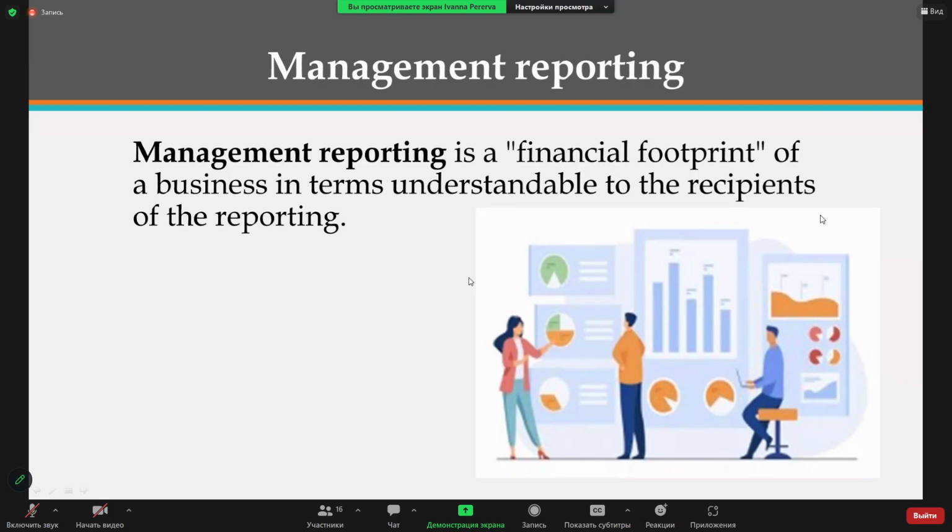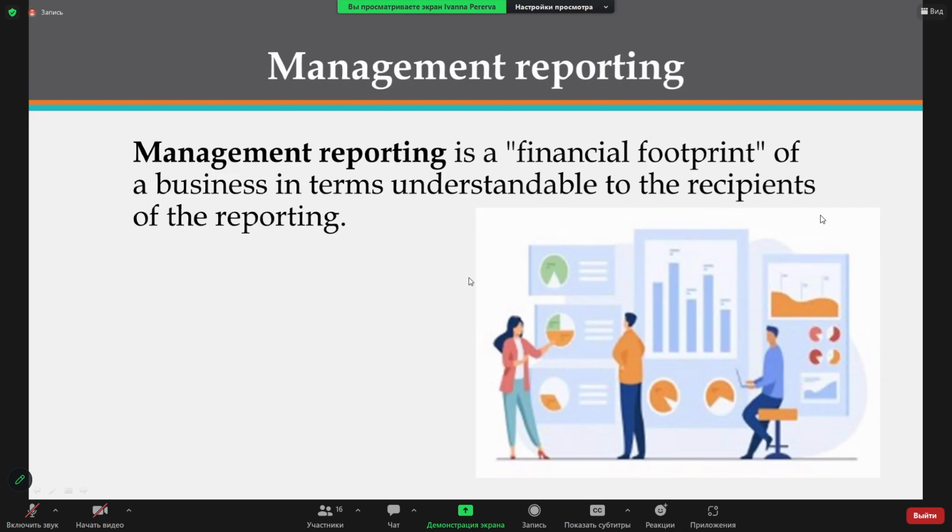From the other side, managerial reporting helps to see the real situation in our company and promptly respond to current changes. So we can say that management reporting is a financial footprint of a business in terms understandable to the recipients of this reporting.